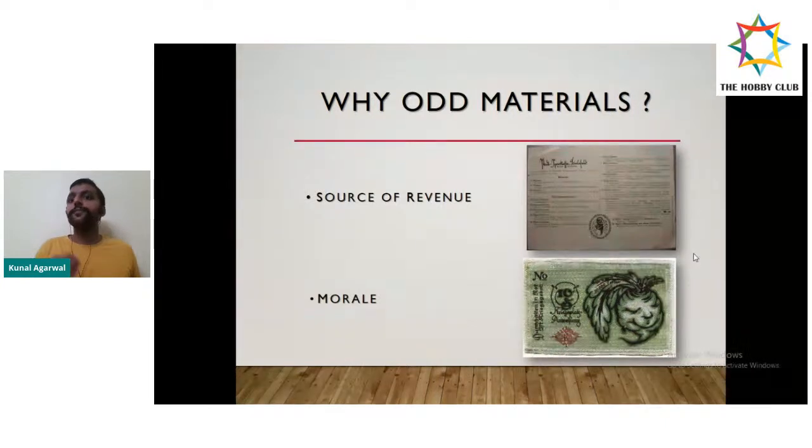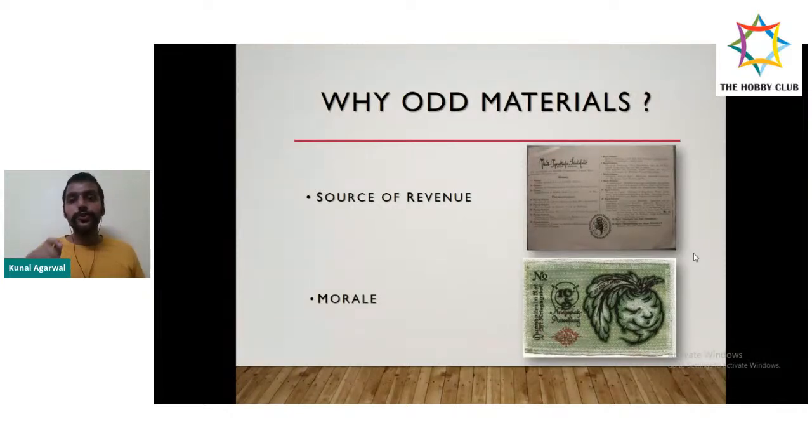Oh, this is good, this is something, let's keep it aside. Even if you are not a collector, if you come across something so absurd, so weird, you will obviously keep some aside, right? So what the bank or the local authority started noticing was that people started keeping them aside.